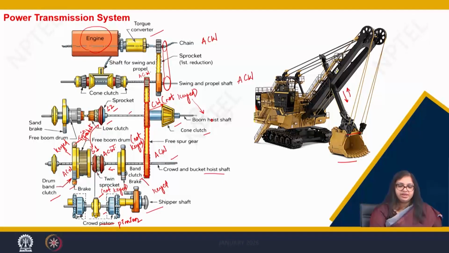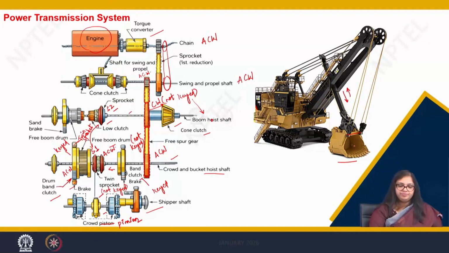In the same way, when the bucket is moved up or down with this clutch, the band clutch gets engaged with this sprocket on the crowd and bucket hoist shaft, which helps in the anti-clockwise movement of this sprocket, which leads to the anti-clockwise movement of the crowd pinion, which pushes the dipper stick towards the front.